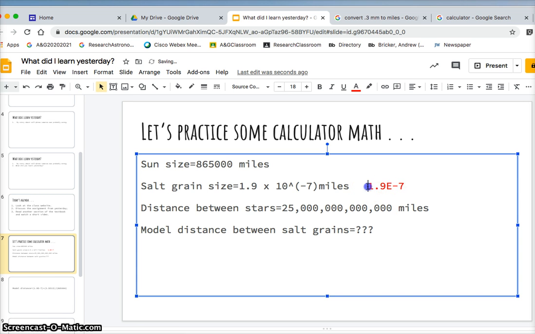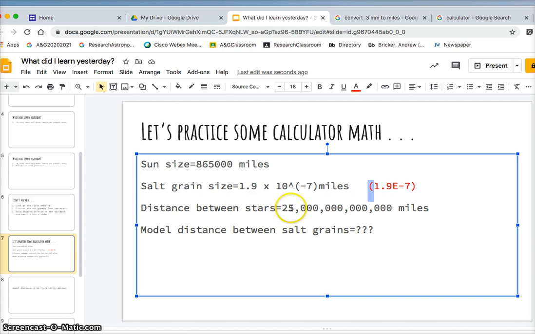And I'm going to recommend that you always put these in parentheses. Put your numbers in parentheses when you're dealing with the Google calculator. So the salt grain size is going to look like 1.9 e negative 7. That means 1.9 times 10 to the negative 7th.